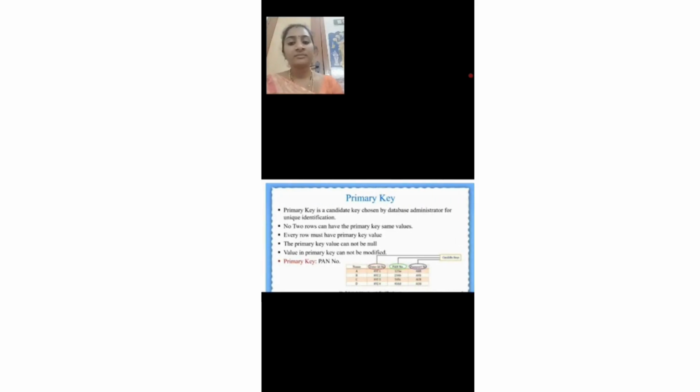When the voter ID is given, it indicates the particular person. When the PAN number is given, it indicates the particular person. By giving the passport number, it also indicates the person. So all these are not necessary together. Like super keys, candidate keys gather only the minimal necessary things, right?